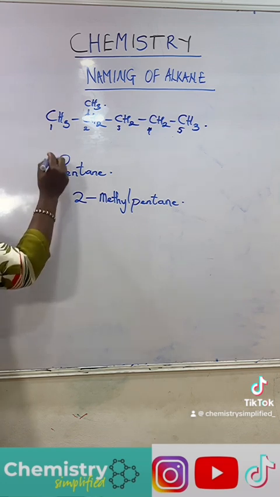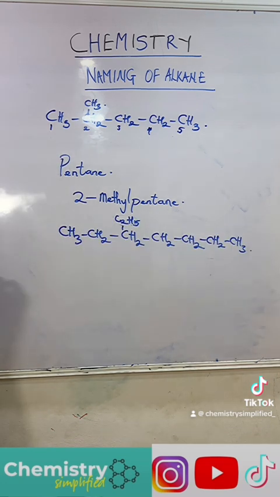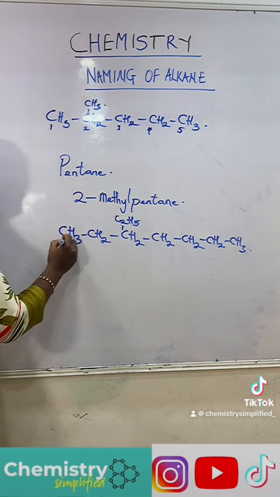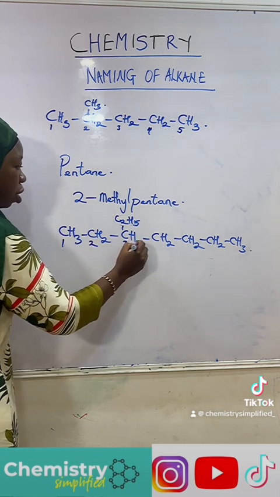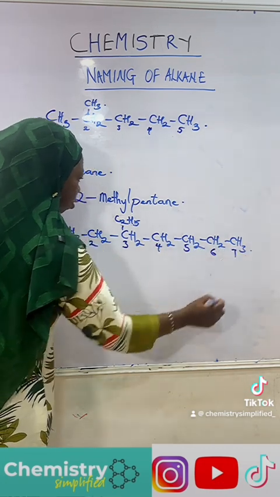Now, another example of this is, let's consider this. Now, when you look at it, remember, I said the first thing you should consider is the main chain. That is the longest chain. Now here, let's consider it and number it. If I want to number from my left to the right, it's going to be 1, 2, 3, 4, 5, 6, 7.